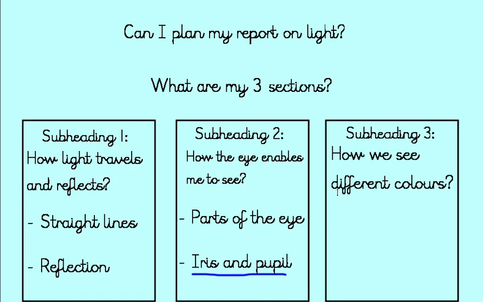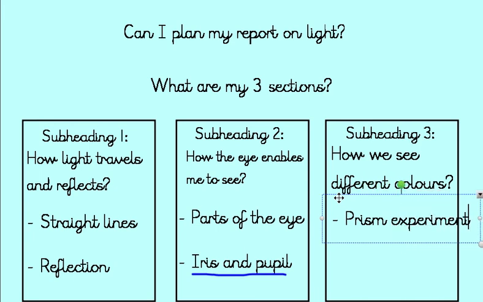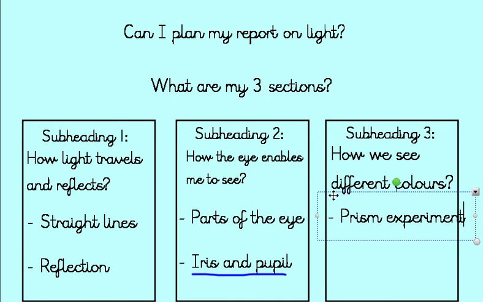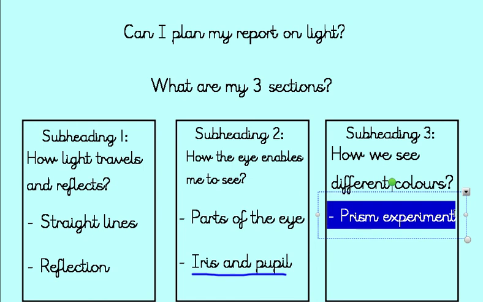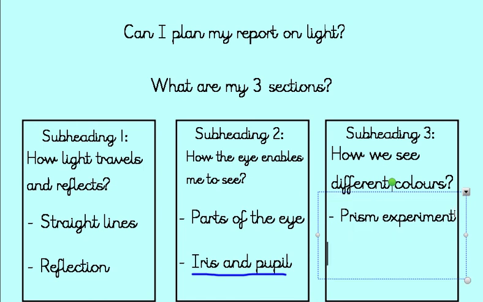And then finally we're going to be talking about the different colours, and we might talk about the prism experiment, because that's the experiment that showed us that light is made up of all the colours of the rainbow. And it's because light is made up of all those colours that we can see, because that means that when it reflects off an object and bounces back to us, because it contains the colour blue, we can see that something is blue.